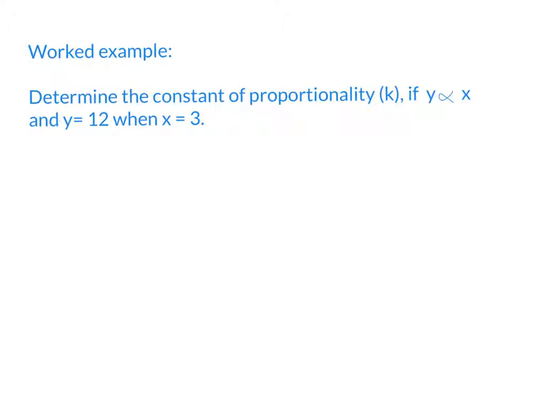Because we're dealing with direct proportion, we already know that there's a general formula for this, and that general formula is y is equal to kx. So that's the first thing I need to write in order to solve this and find out what that value of k is.